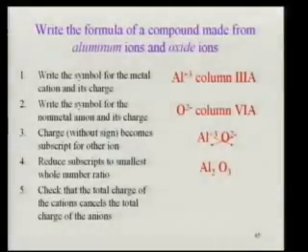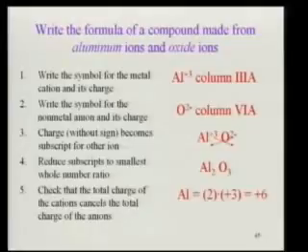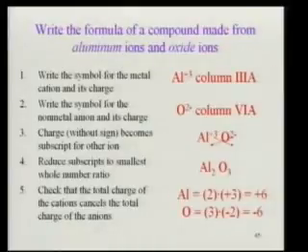So make sure at this step you would reduce. In this case, we don't have to. That's the simplest form. This is where we're double checking. You've got 6 positive, I've got 6 negative, we're balanced out. So to write the symbol for a compound that would form between aluminum ions and oxide ions, you would get Al2O3, 2 aluminums for every 3 oxides present.